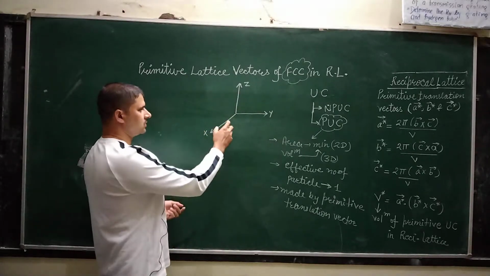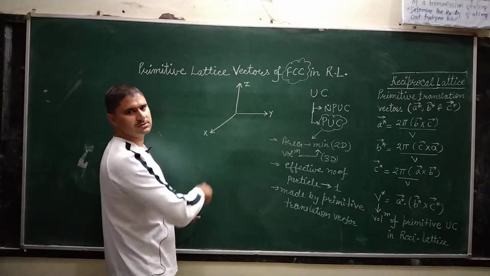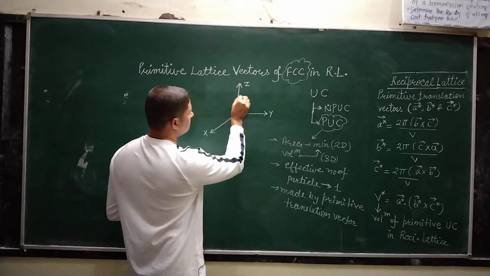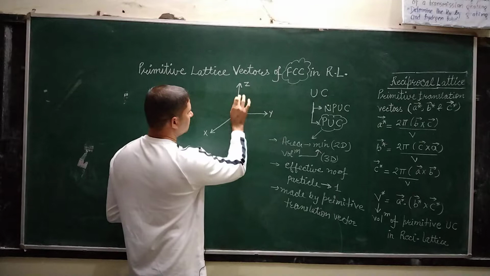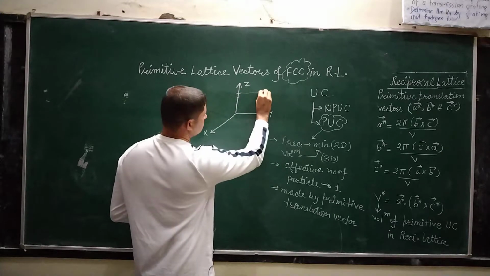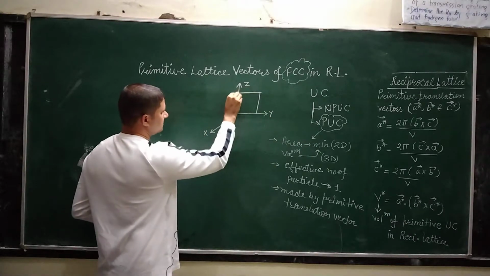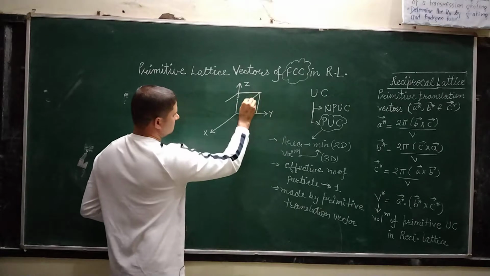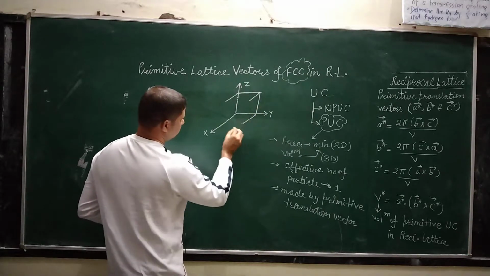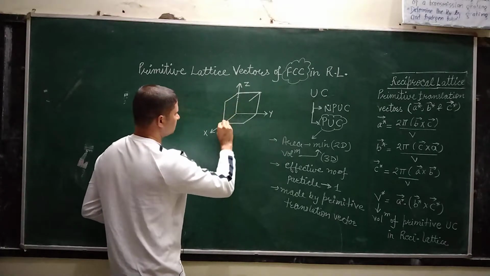Right-handed because if you take the cross of I and J, it will give you plus unit vector K direction. So let the size of the cube be A. Okay, this is the size, so it will be something like this. Then you will complete it as you have done in the previous lectures. So this is FCC here.